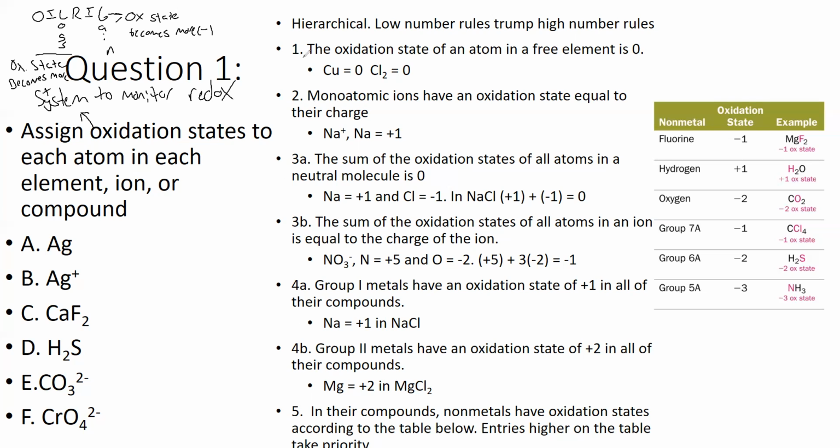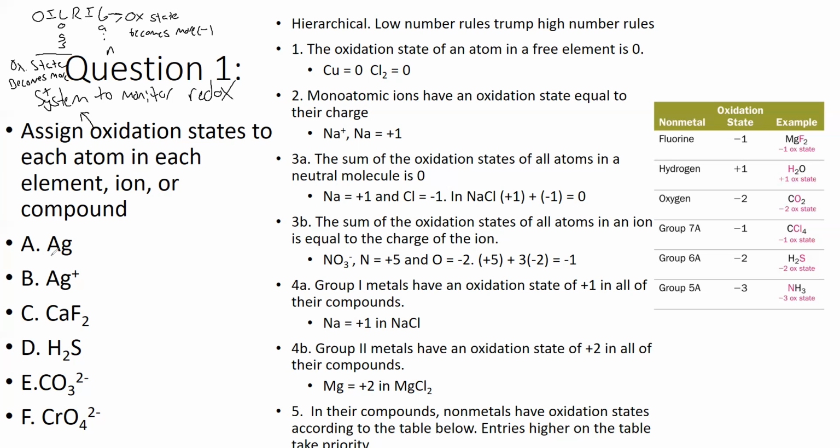All right, so the oxidation state of an atom in a free element is 0. What that means is that if an element is just by itself or bonded to itself, we assign that an oxidation number, an oxidation state, of 0.